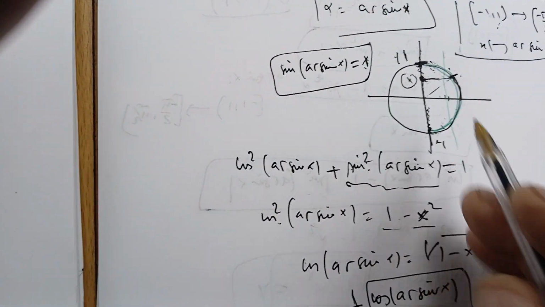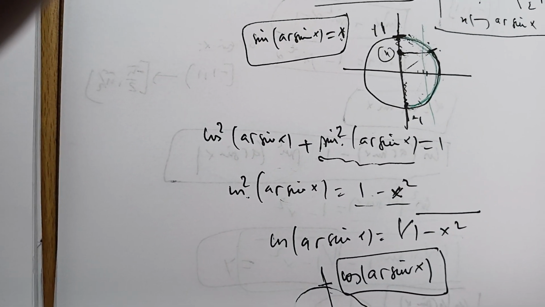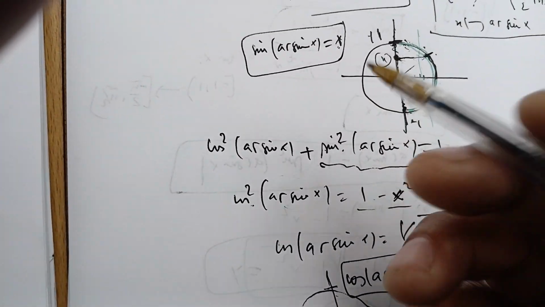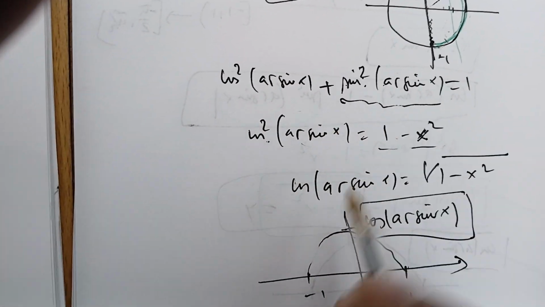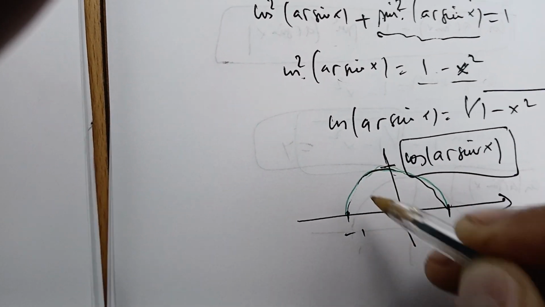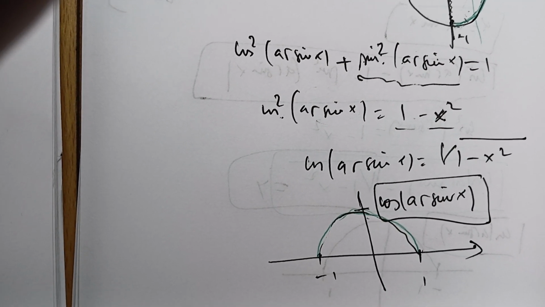But we are not going to do that; we are used to this. Even the unit circle is not a function. It's just a way of representing the parameters that we need in our study. So this is my graph of the cosine of the arcsine of x.